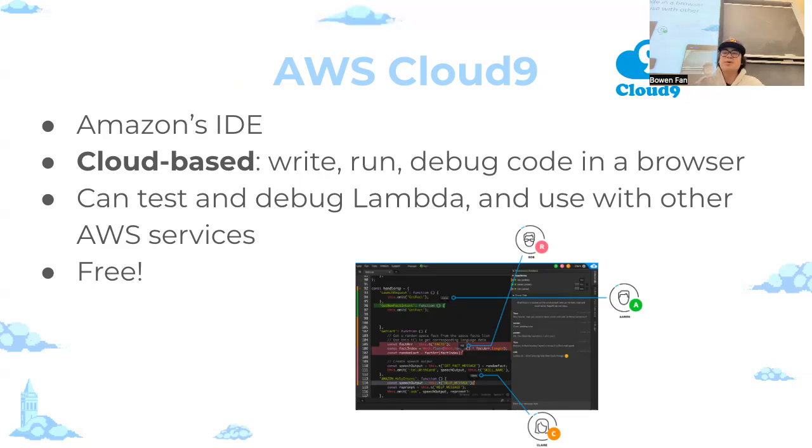AWS Cloud9 is really effective. Let's say you wrote your entire project in Cloud9, and then let's say your computer breaks. That's fine. You can go to the computer lab or borrow your friend's computer, open up AWS Cloud9, log into your account, and boom, all your code is exactly where you want it to be. And you didn't have to install anything.